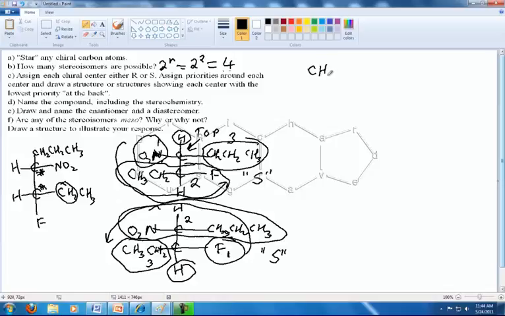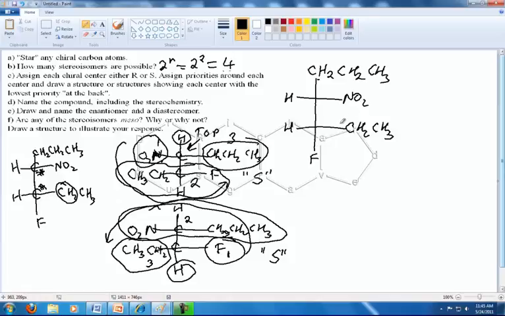Now when I'm figuring out what the line structure looks like so I can name it, what I want to do is pretty much ignore any of the hydrogens attached to any of these carbon atoms and then come up with what I believe the structure is going to be.